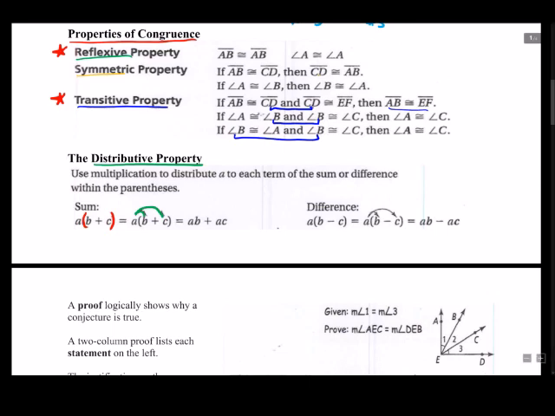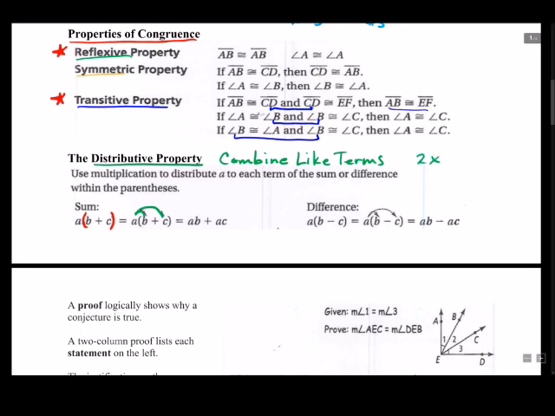This also works, the distributive property is also when you are combining like terms. Combining like terms is kind of undistributing.